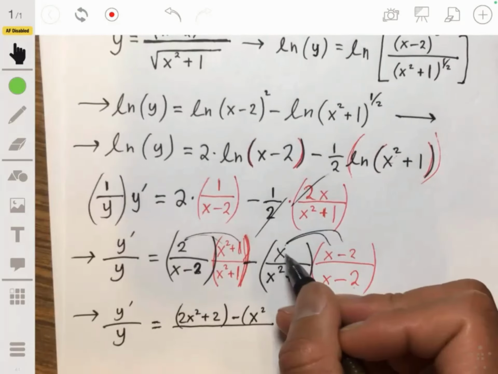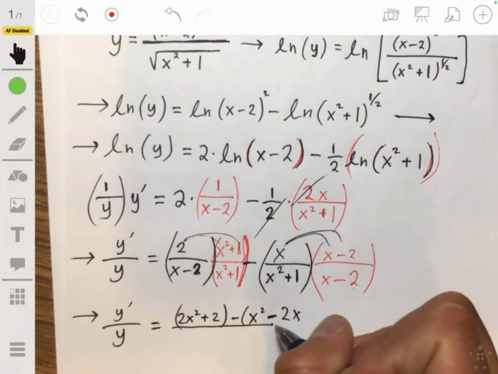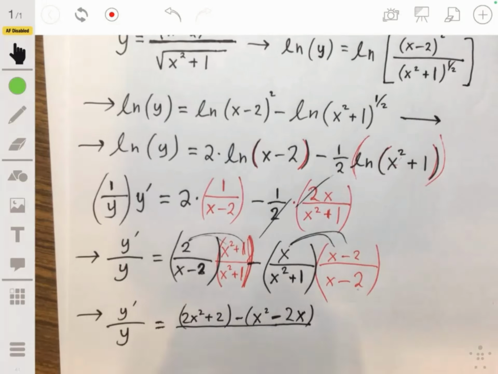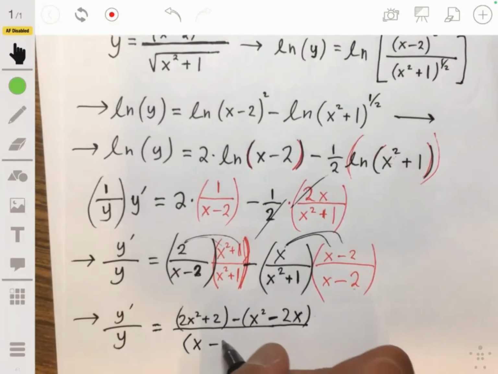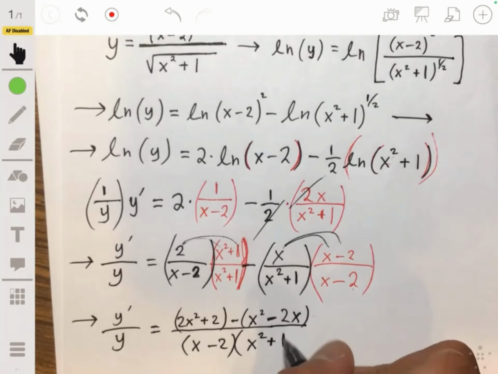Minus x squared and then a minus 2x in here. All over x minus 2 times x squared plus 1.